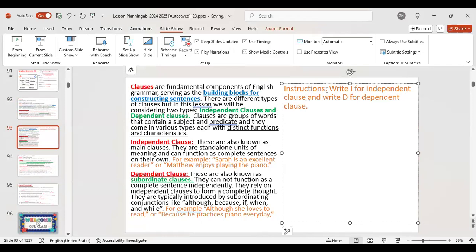So the first one says, the symphony of colors painted across the evening sky left me amazed.